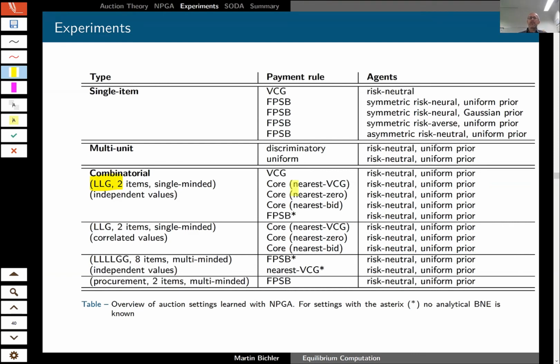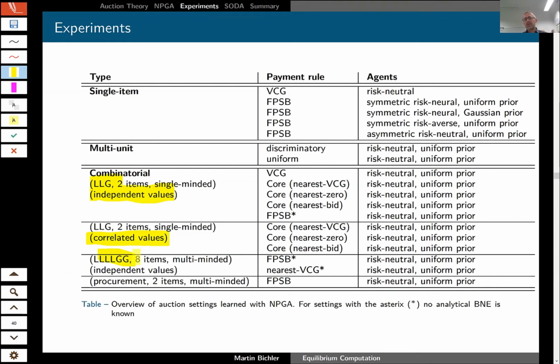So even if you're not in spectrum auctions or core selecting auctions, there are different types of payment functions where you choose points in the core, and there are different ways on how to do this. In this paper, they actually went through a variety of these payment functions with independent private valuations and with correlated valuations, and provided the Bayes-Nash equilibrium strategy. And then we also looked at a very large setting with 6 bidders and 8 items.